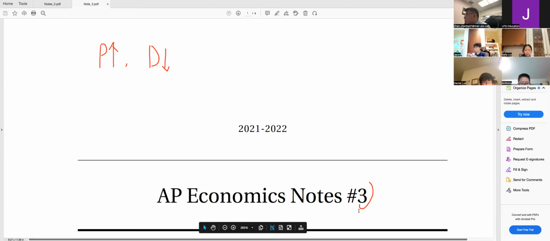But in notes number 3, we want to go one more step forward. We not only describe the response to price change, we also want to measure, to count how much consumers care about price changes.